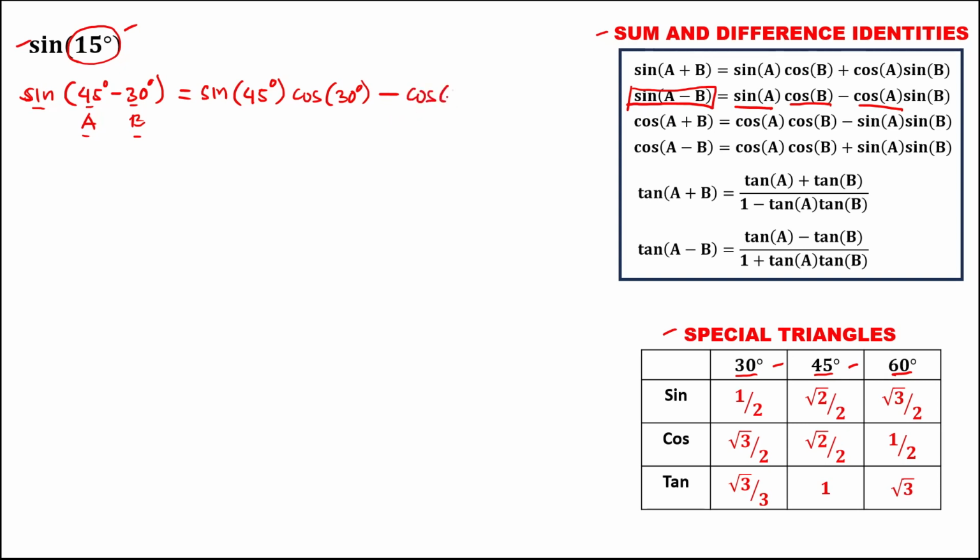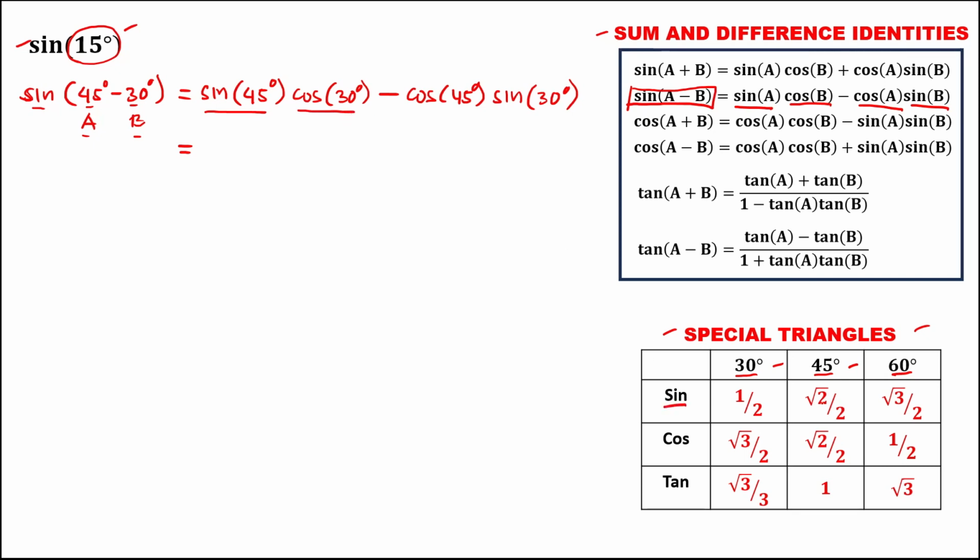So cosine 45 degrees times sine B, and B is 30 degrees. So sine 30 degrees. Then using this special triangle to find the values for sine 45 degrees and cosine 30 degrees.